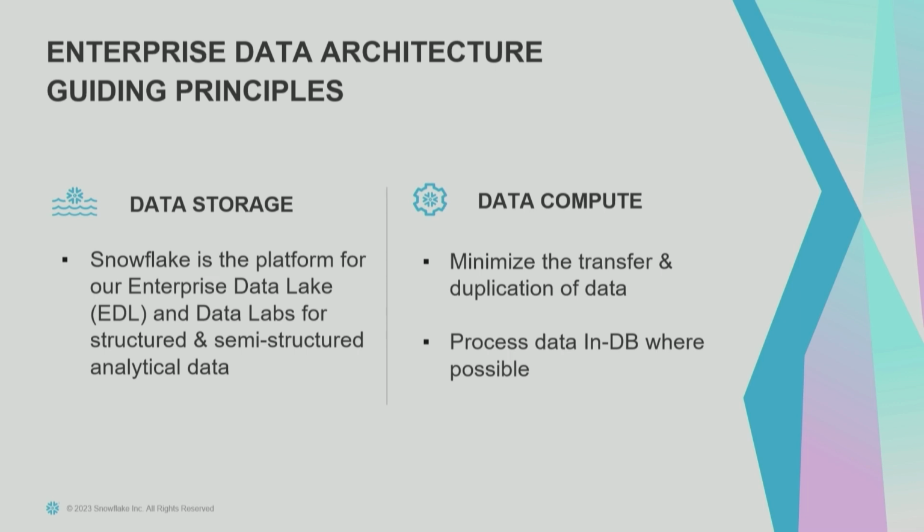From a compute perspective, we really want to minimize the transfer of data across the network and avoid duplication of data where possible. So one of our key strategic decisions is to process the data in place, in database processing. So we're bringing the compute to the data, not the other way around.